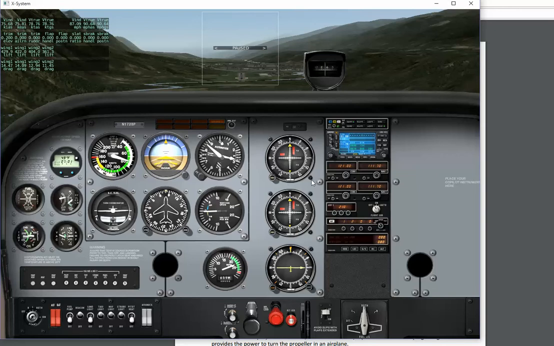So, what should my RPM be? What am I looking for here?